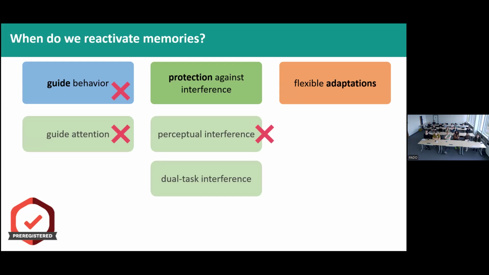There we had strong interference costs, and yet we still didn't find a difference in the CDA. Now we can more confidently conclude that the goal of reactivation isn't to protect information against interference. Therefore, whether you rely on working memory or long-term memory isn't affected by how much interference you expect in the world.